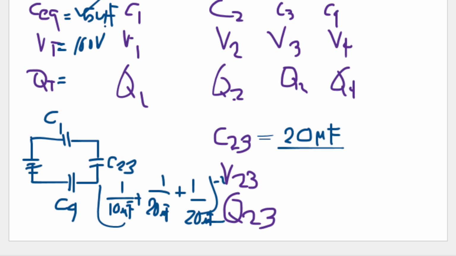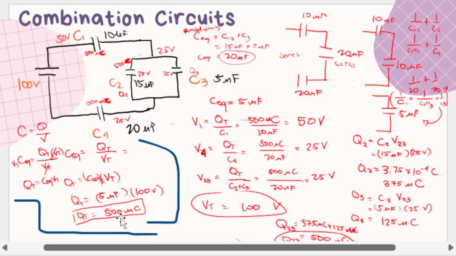Okay? So with this 5 microfarad multiplied by 100 volts, we can find the QT, which is 500 microcoulomb. Remember my technique: the farad has a micro, and the volt has none, so you can copy the micro as is. Farad multiplied by volt is coulomb.